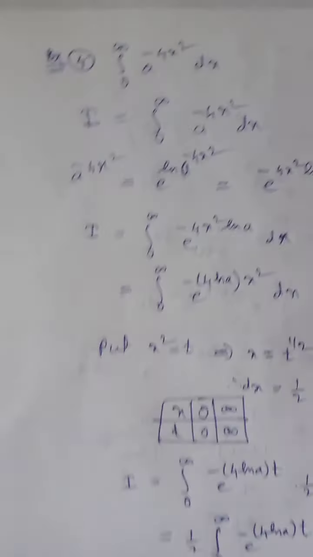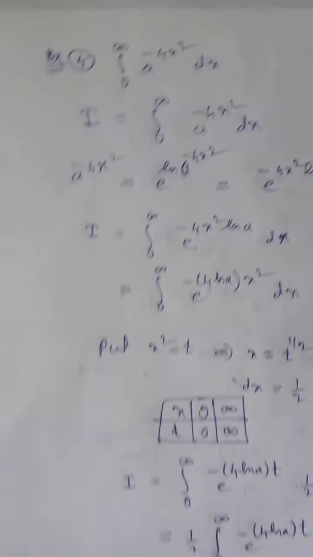So here we have algebraic function, exponential function. So use the second definition here, e to the power minus kx. If we compare this exponential function with this, we have k as h square, but instead of x we have x square. So we'll convert this x square to x.